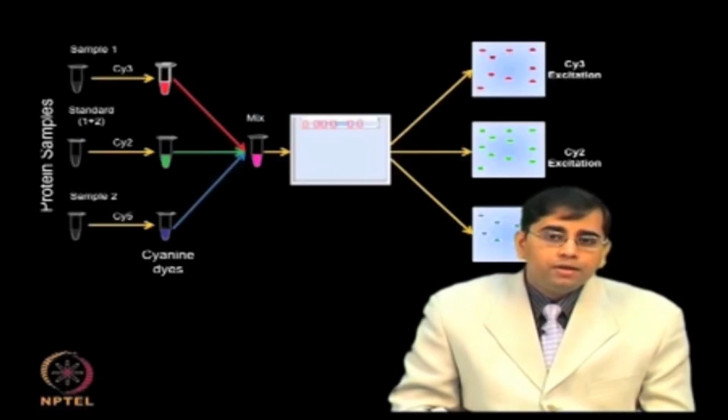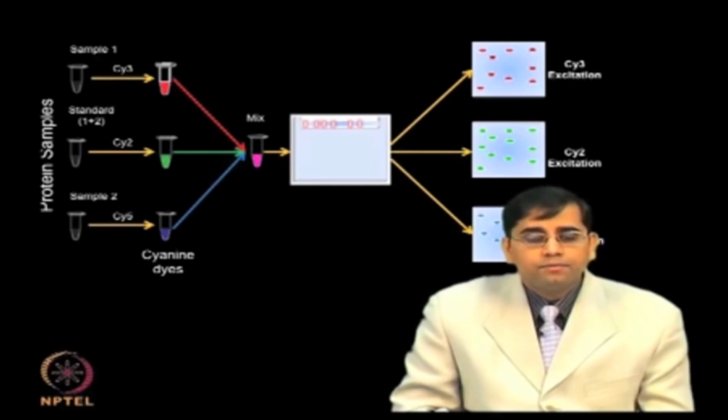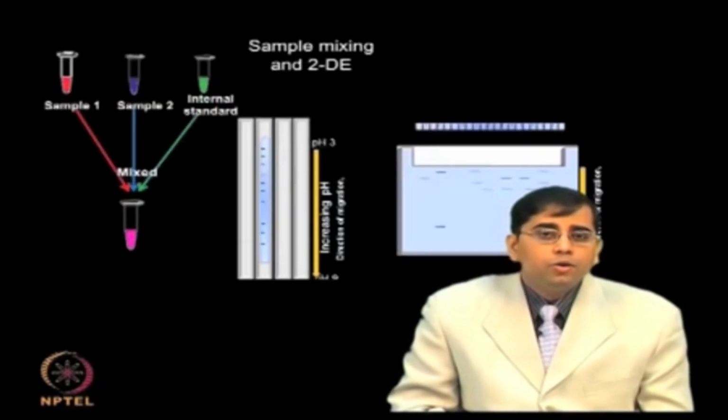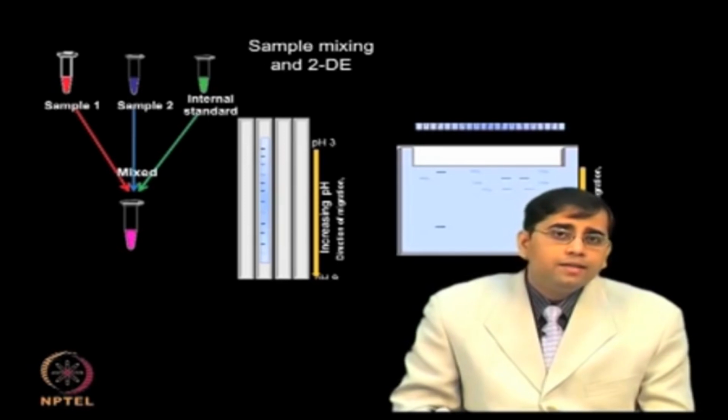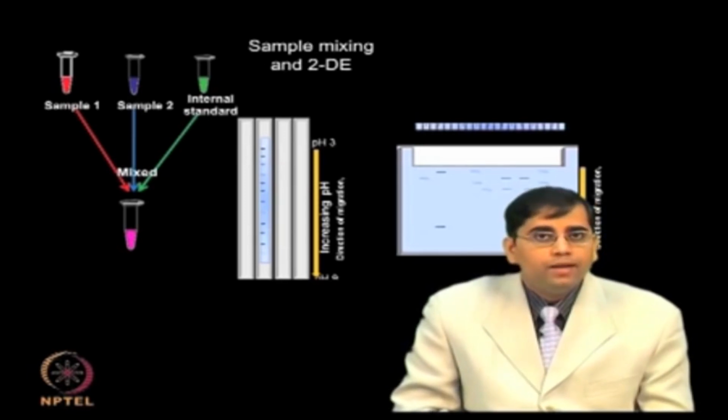Fluorescence two-dimensional difference gel electrophoresis, or 2D DIGE, is an advanced 2DE technique that allows for accurate quantitation with statistical confidence while controlling the non-biological variations.